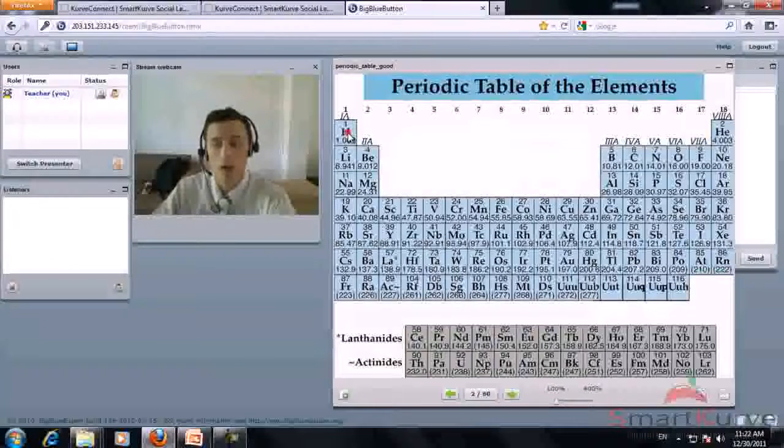And as we move across, we find helium, number 2, then back to lithium, beryllium, boron, carbon, nitrogen, oxygen, and so on. They're just listed from left to right, top to bottom, just like you read lines in a book.